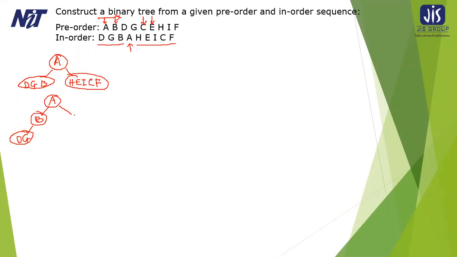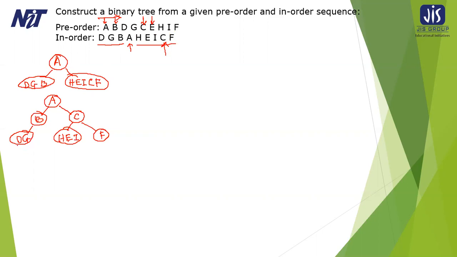So C will be the root, and on the right side of C only F is there. So we write F, and H, E and I are part of the left subtree, because if C is the root, then only F is on the right side and all the others are part of the left subtree.